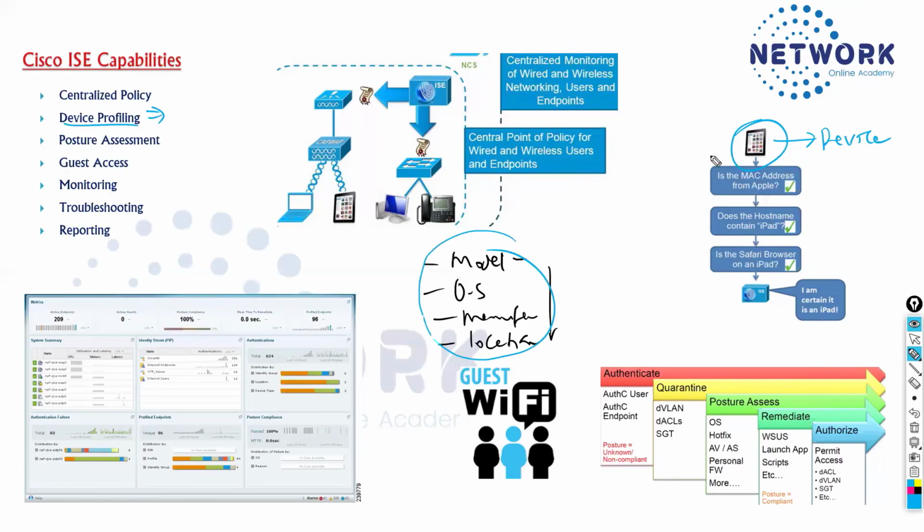Like one of the simple algorithms here, you can see as an example to understand. It's going to check, is the MAC address from Apple, because the first initial bits will decide the vendor ID. And once it confirms that, it's going to check the host name. Like if the host name is iPad, generally the iPads from Apple will have the host name of iPad.